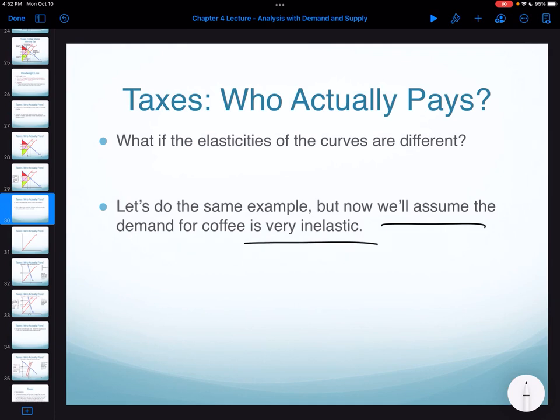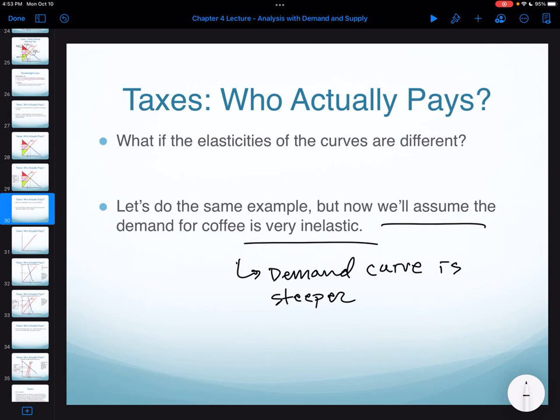And if we've done this before, this means our demand curve is steeper. When the demand is more inelastic, it usually means a steeper demand curve. So let's see how elasticity plays into this question of who actually bears the tax burden, who ends up paying more of this tax between the buyer and the seller.